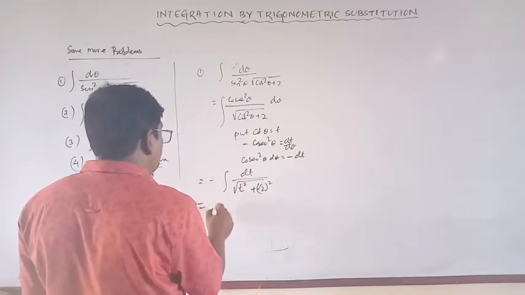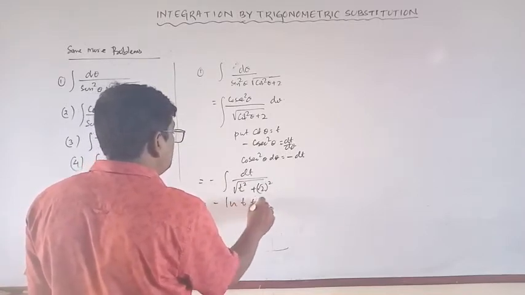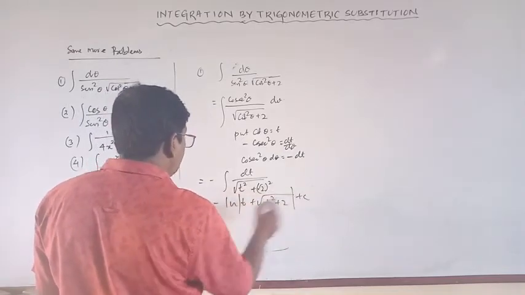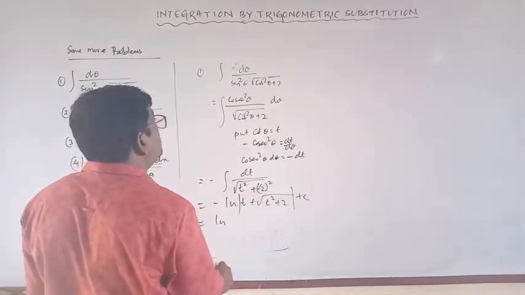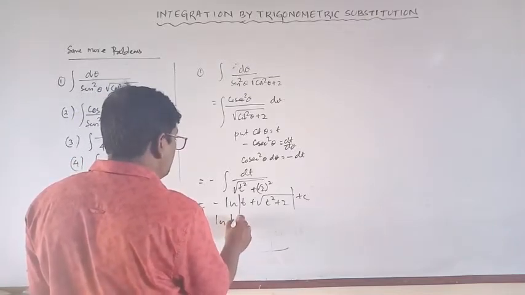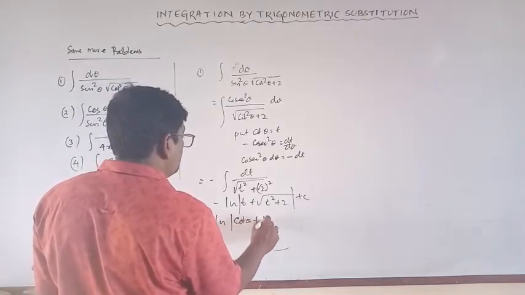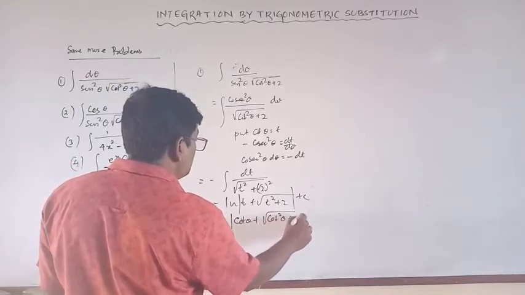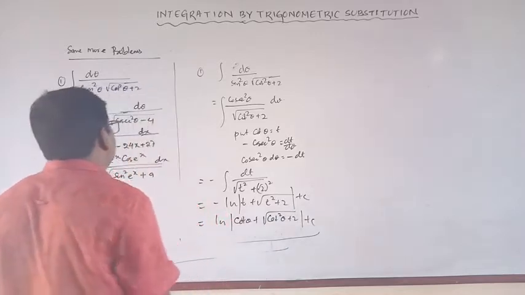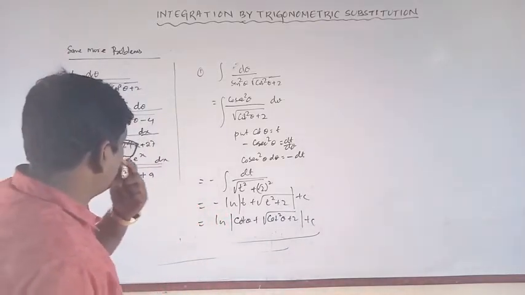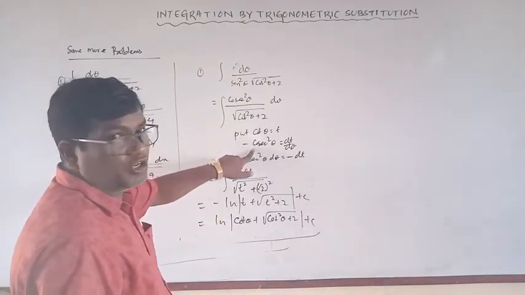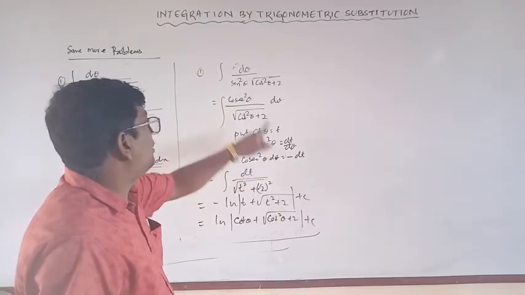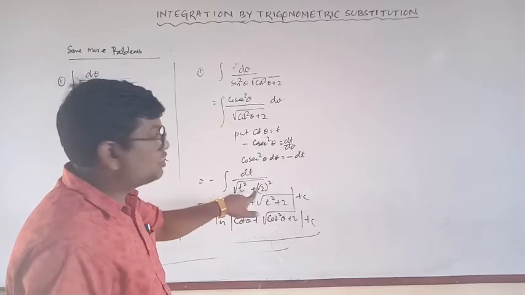This is minus log of t plus root over t square plus 2 plus c. This is equal to minus log of cot theta plus root over cot square theta plus 2 plus c. This is the answer. Clear?